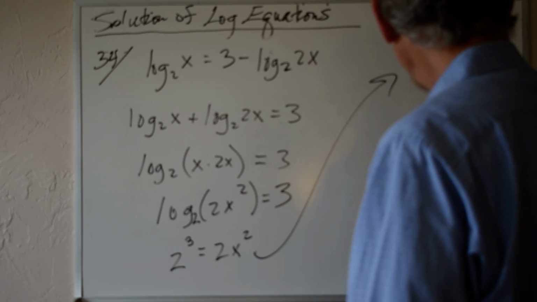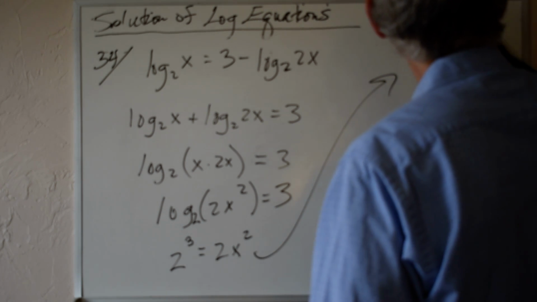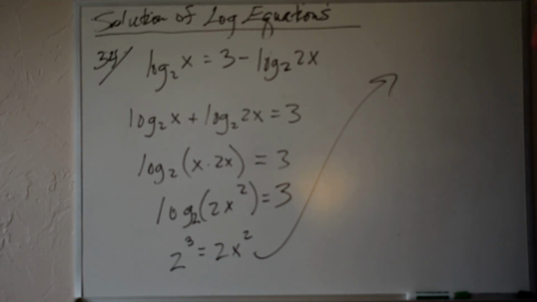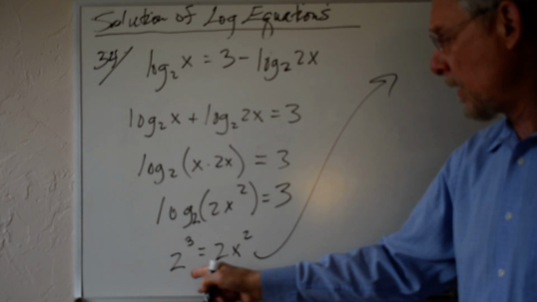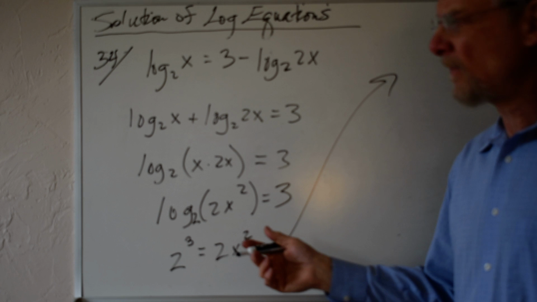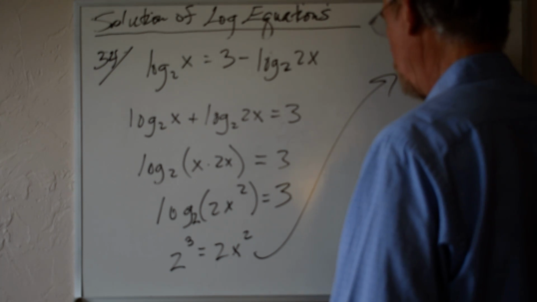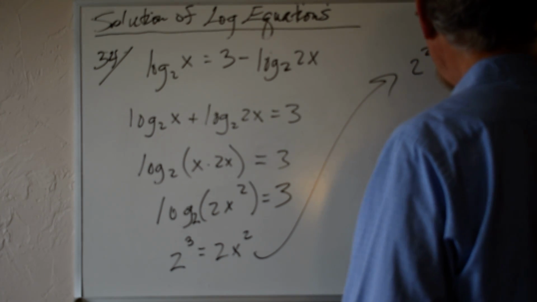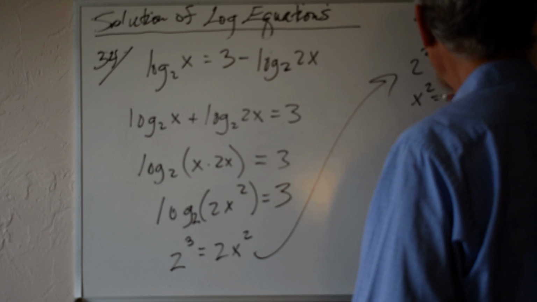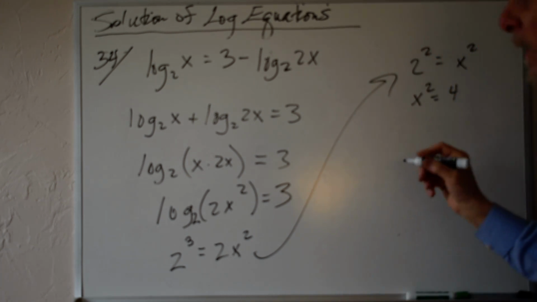Finishing up. First thing to do, I've got 3 powers of 2 here. I have a single power of 2 here. Let me just divide each side by 2. So I get 2 squared equals x squared. In other words, x squared equals 4. Take the square root of each side.